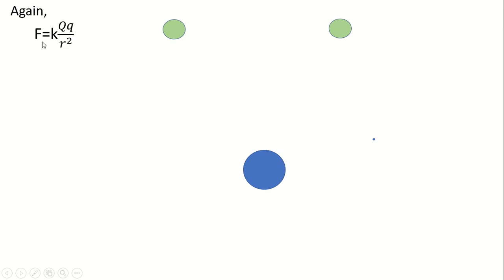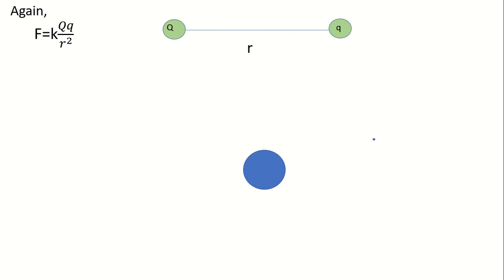So again, from Coulomb's law, force F equals K into Q q by r square. Look here, I want to give one example. If there is a capital Q charged body and a small q charged body, and the distance between these two charged bodies is r, then these two charged bodies will experience a force towards each other.